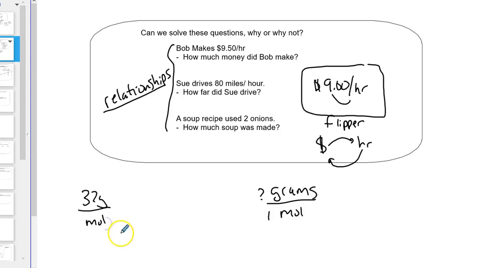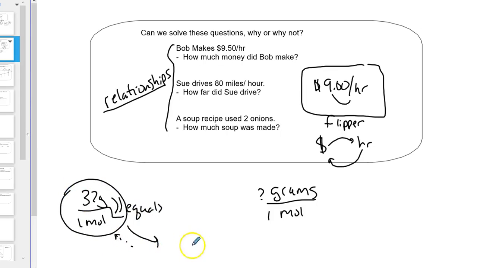You have no idea what a mole is, but you should realize mathematically that 32 grams equals 1 mole. We call these relationships, but we also call them equivalencies. They're equivalent. An hour doesn't mean a dollar, but in the scenario we're working with, 1 hour equals $9 in pay. A top-bottom relationship, just an equivalency.